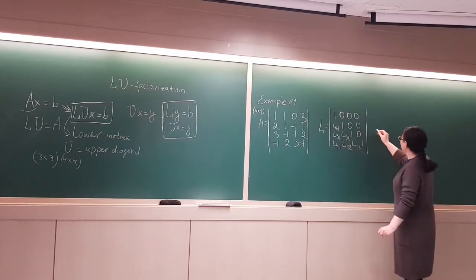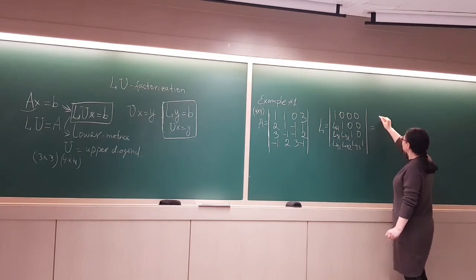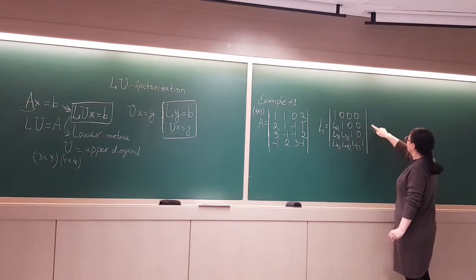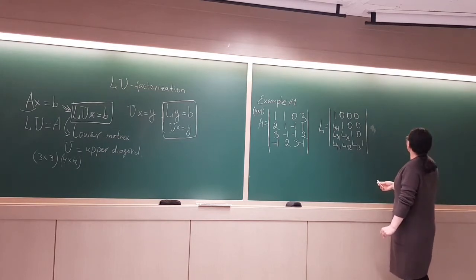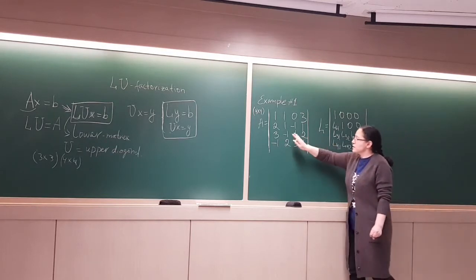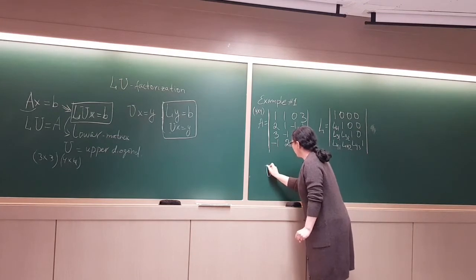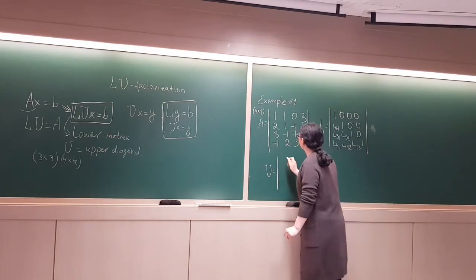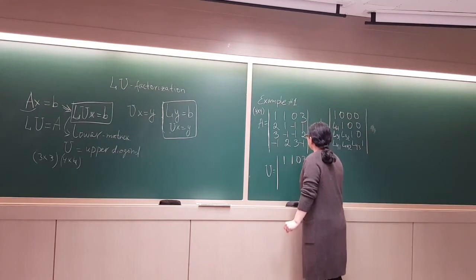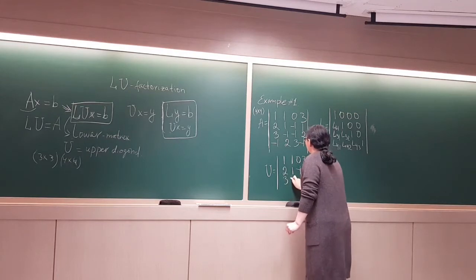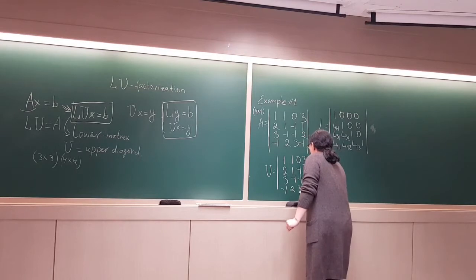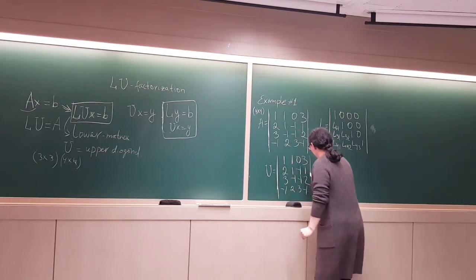And what is the U matrix? This is U. We take this A matrix as U: 1, 1, 0, 3; 2, 1, minus 1, 1; 3, minus 1, minus 1, 2; minus 1, 2, 3, minus 1.